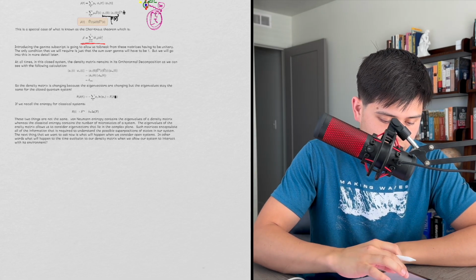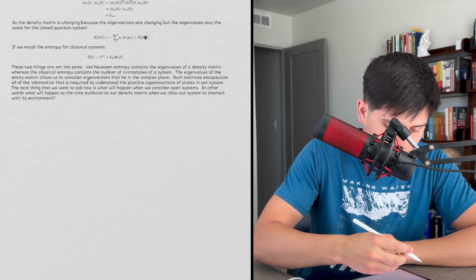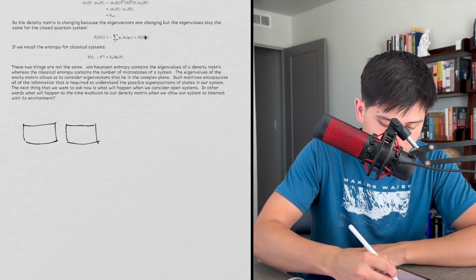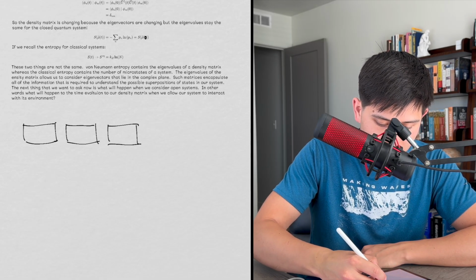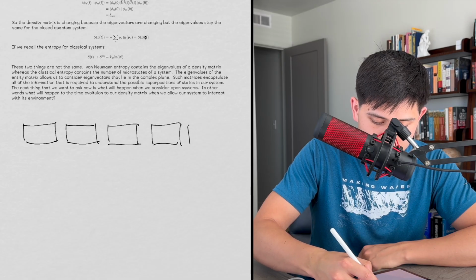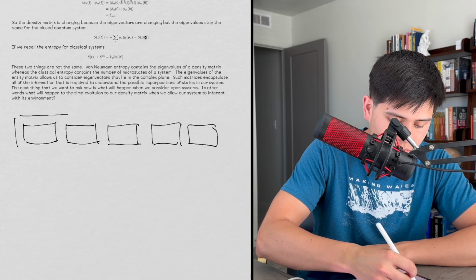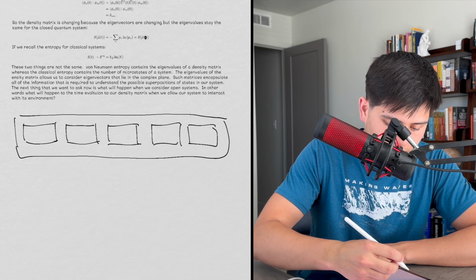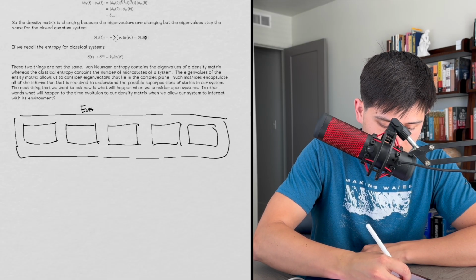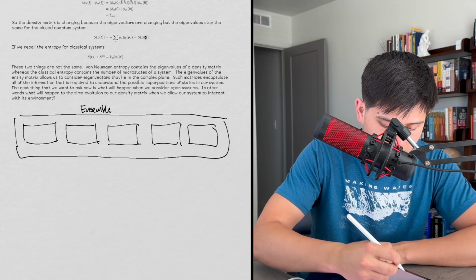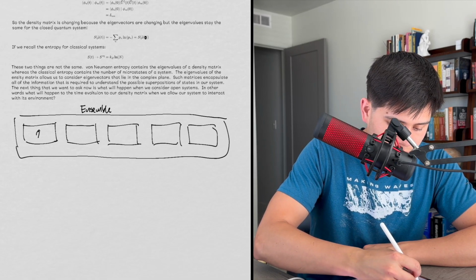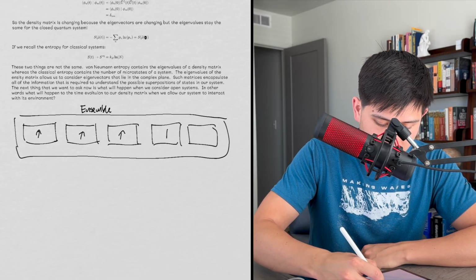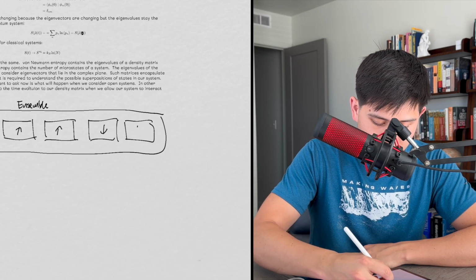Just to picture this again, we have copies of our system, right? Suppose we have 5 copies of our system in an ensemble. Here's our total ensemble. And suppose we have spin up, spin up, and then spin down, and spin down.